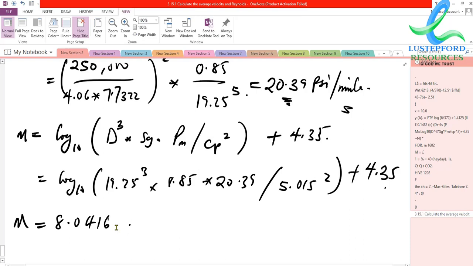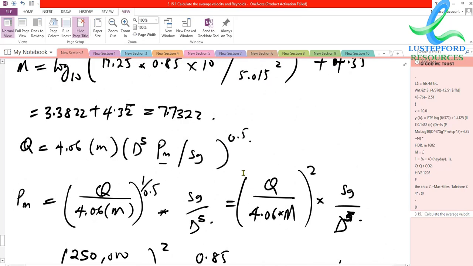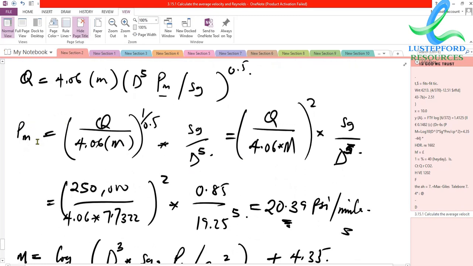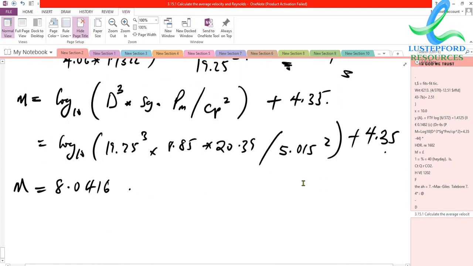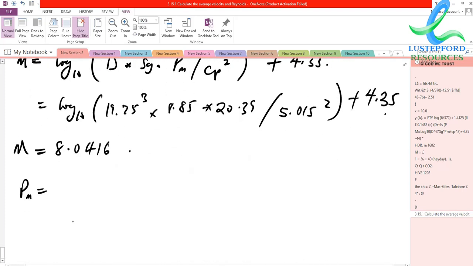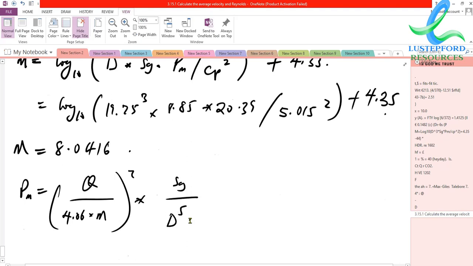This is our new value of M. Now we'll use this new value of M to get our PM again to see what it will look like. So our PM, P subscript M, is equal to Q all over 4.06 times M all raised to power 2 times G all over D raised to power 5. Let me see.